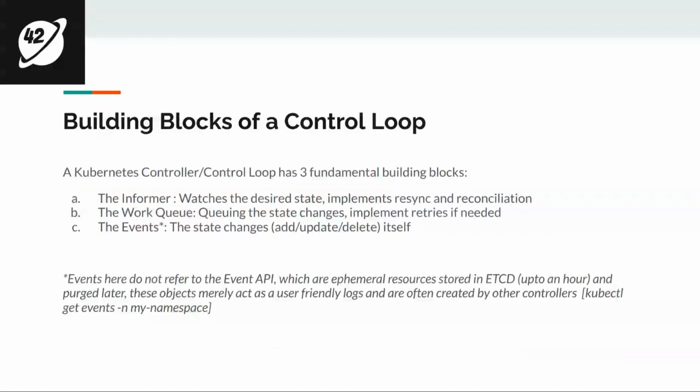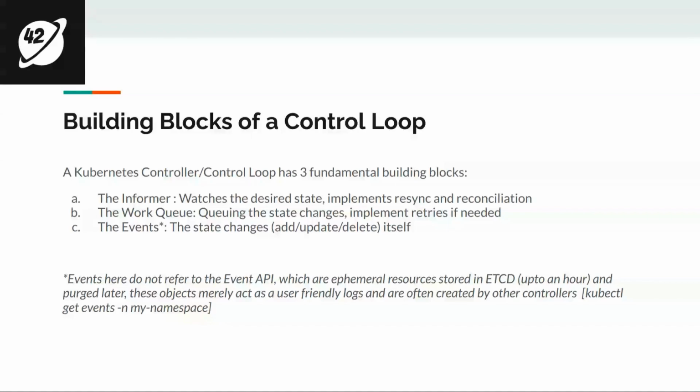All right, so we touched upon the control loop, but what are the building blocks of the control loop? If you were to create a controller for your workloads, how would you go about creating that? There are several different frameworks, utilities, SDKs available today for you to start writing your own operators or custom controllers.